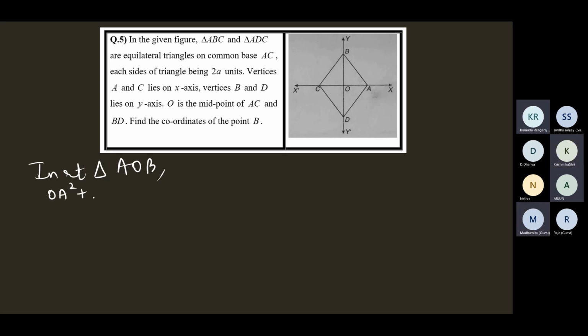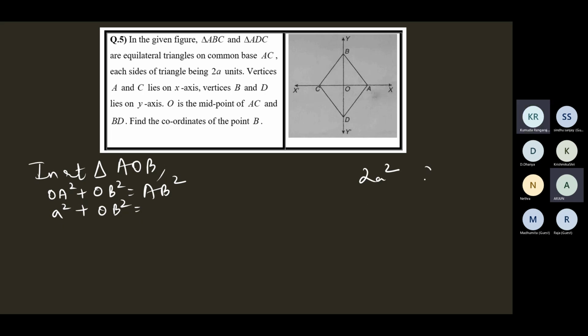OA square plus OB square is equal to AB square. So what is OA square? OA is A, so A square plus OB square is equal to AB square. Don't write 2A square like this.